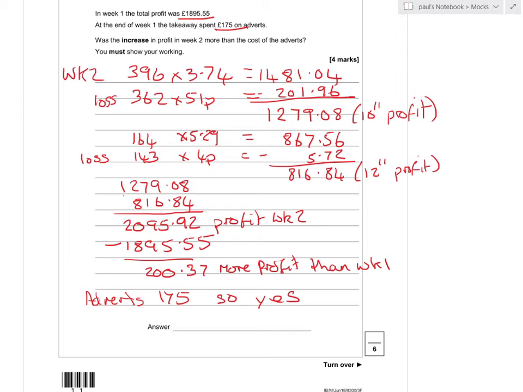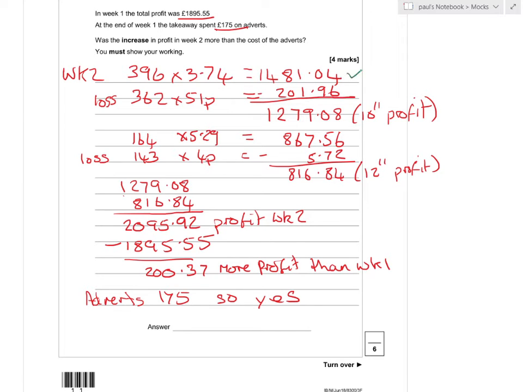I haven't got any of these numbers on here. 1890, 1883. So close. Yeah, I've got like £25 more, but I don't think these numbers are right. So let's have a look and see where I've gone wrong, because I obviously have.